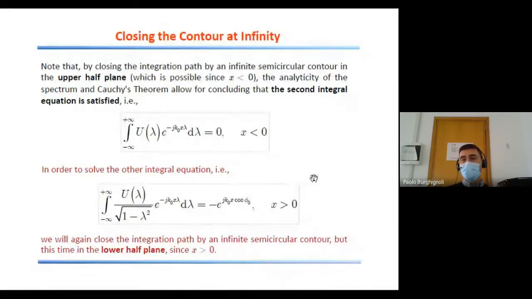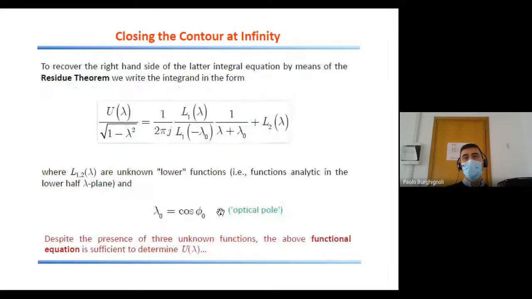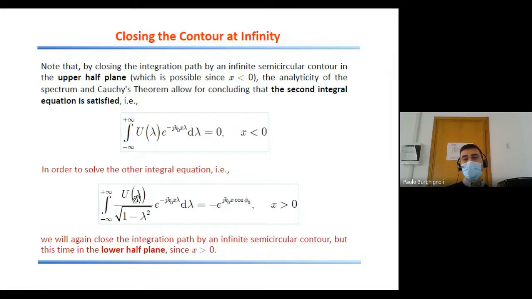Well, because we can compute residues. And since you wish to obtain this kind of right side, we are now able to postulate a form for the function which is the ratio of U of lambda and the square root of 1 minus lambda squared. This function must have the right singularities so that by means of residues we get exactly the right hand side.